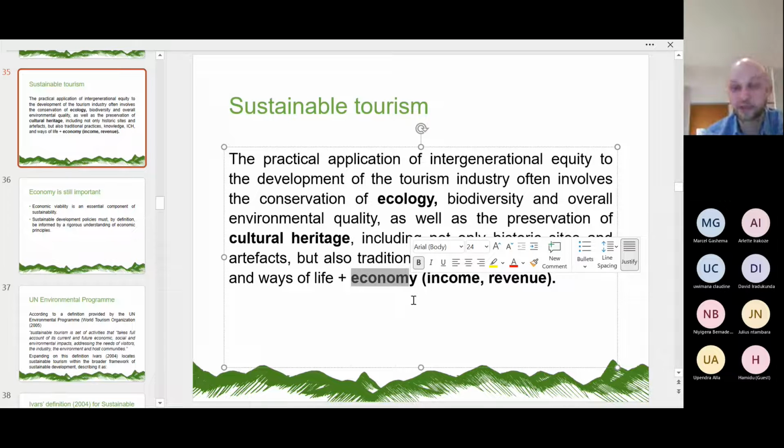So sustainable tourism still is about money, about income, revenue that is obtained by the company and also shared through the local communities. For instance, the hotels can hire the locals to work at them.